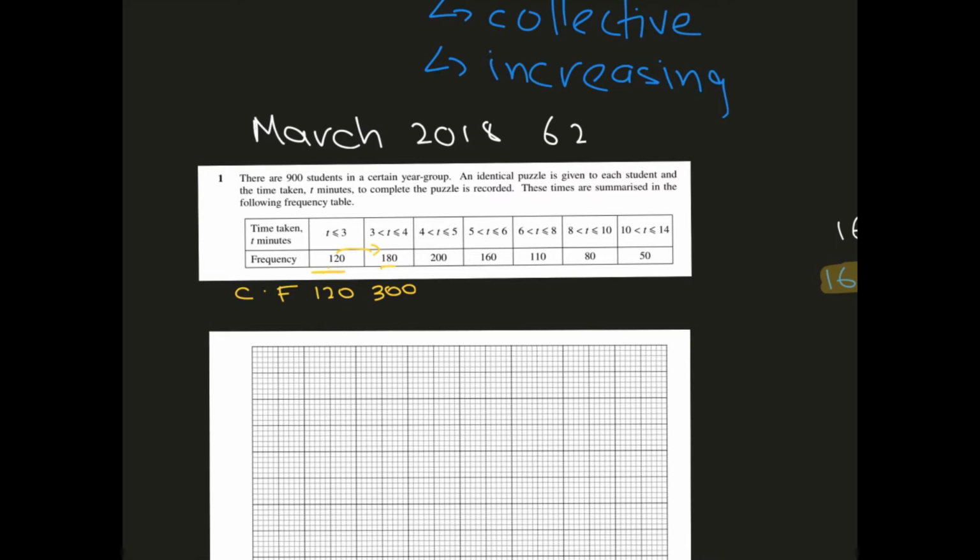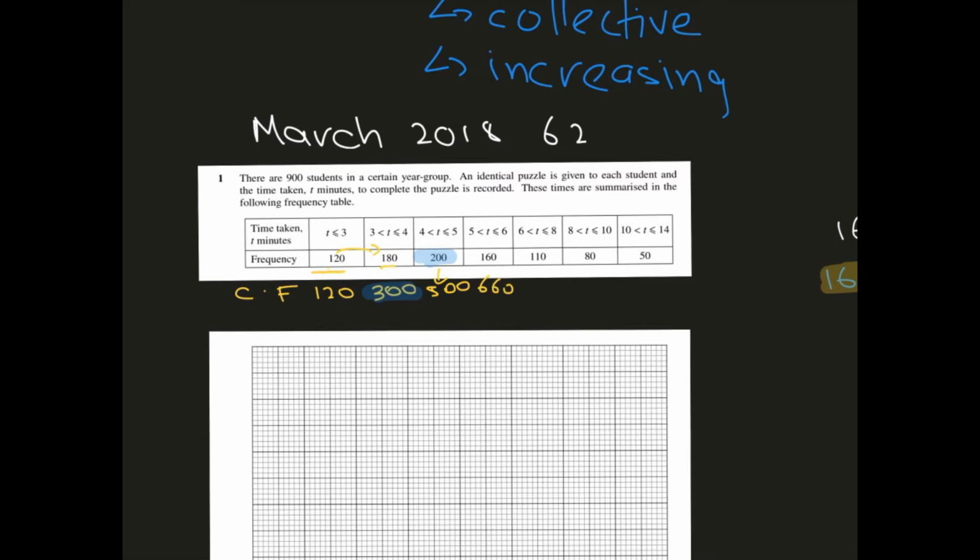And then we keep on adding our cumulative frequency to our next frequency. What I mean by that is, this is our cumulative frequency, and we add this to our next frequency to get the cumulative frequency of that particular group. So 300 plus 200 is 500, and then 500 plus 160 is 660.